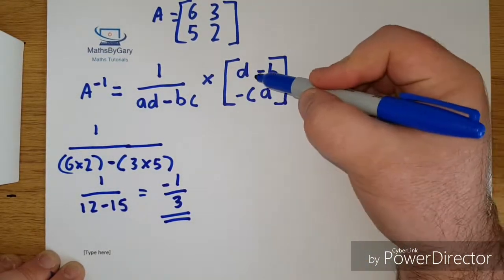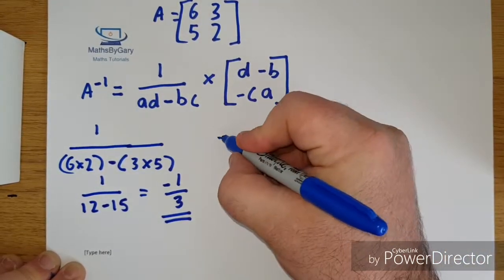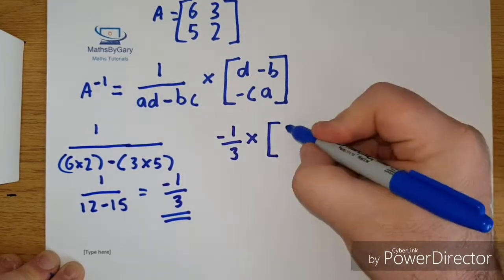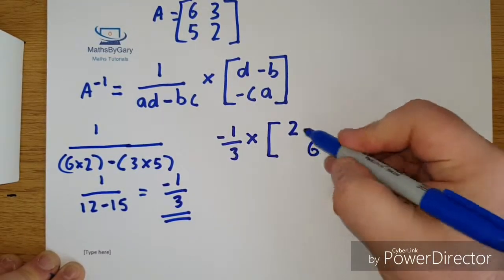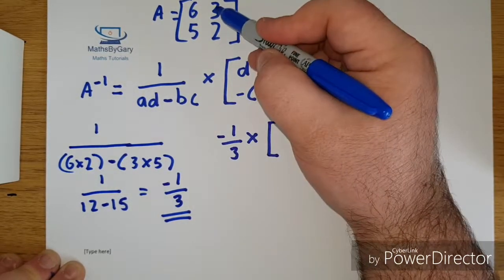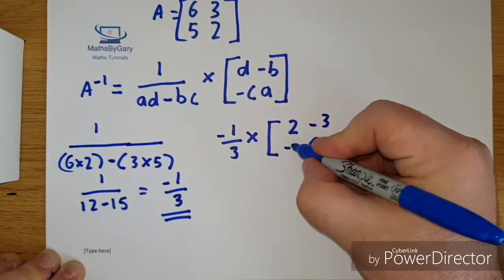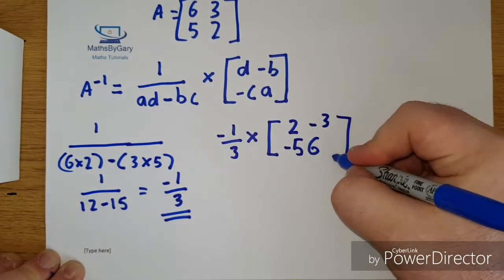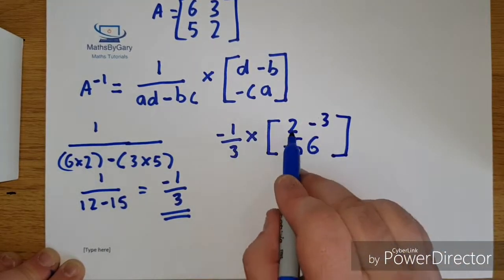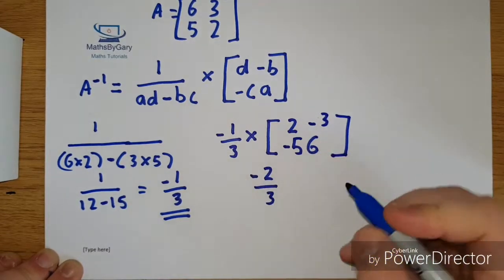So we switch places first of all, so A becomes D and D becomes A. So minus 1/3 times 2 and 6, so put them in first of all because they change, and then the negative, so positive 3, positive 5, simply becomes minus 3 and minus 5, and then we just multiply across. 2 times minus 1 over 3 gets us minus 2 over 3.